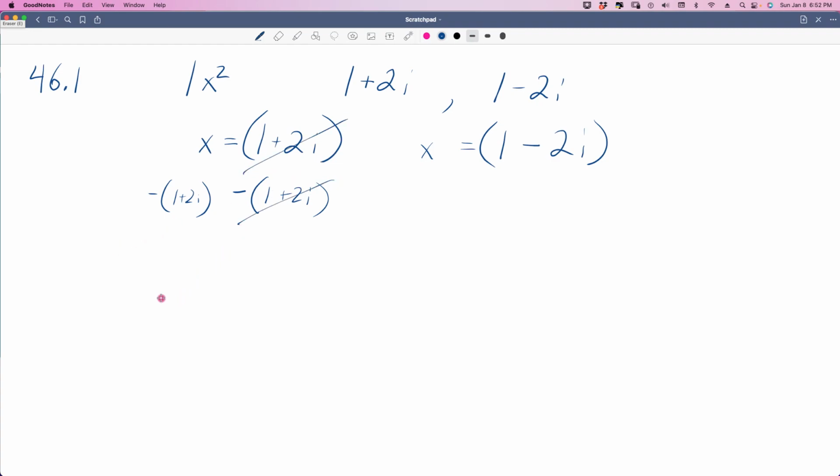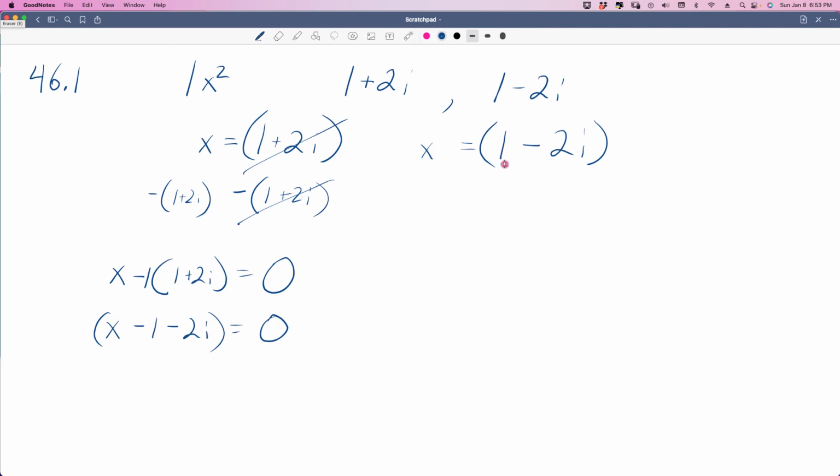So what we have left is x minus 1 plus 2i is equal to 0. Now, because this is a negative, we know it's a negative 1. We have to multiply. So x minus 1 minus 2i is equal to 0. So this would be one of the factors that would be in our quadratic equation.